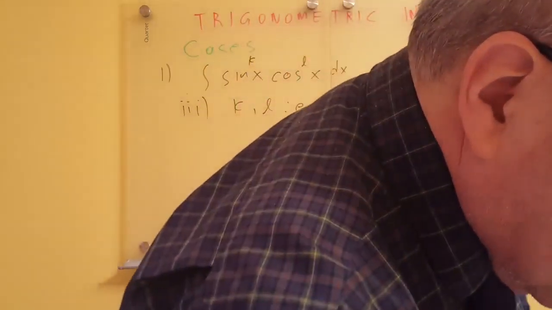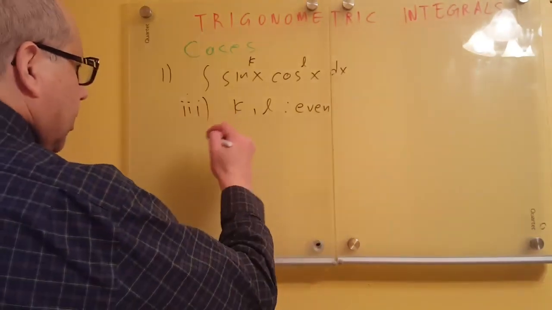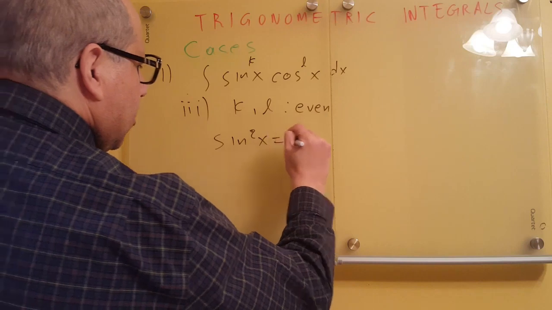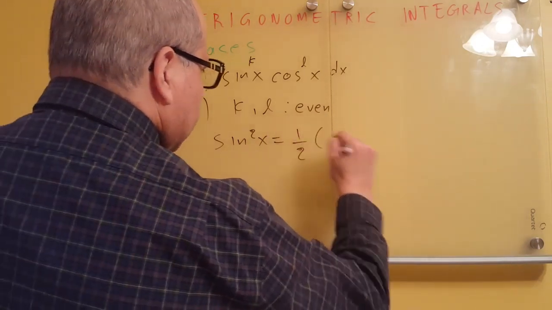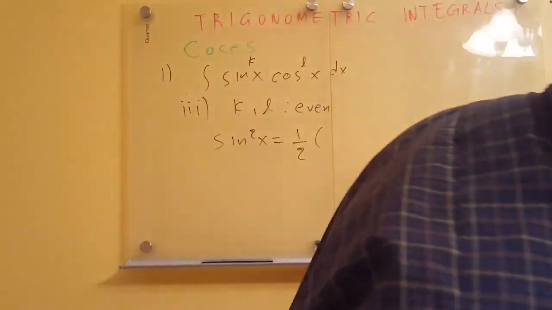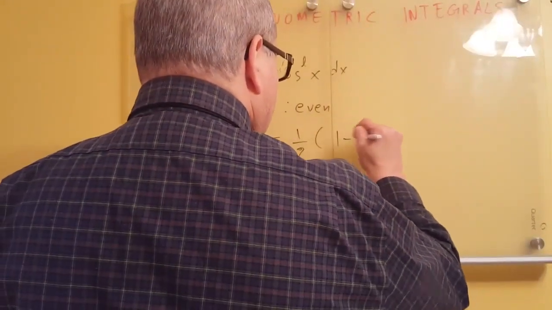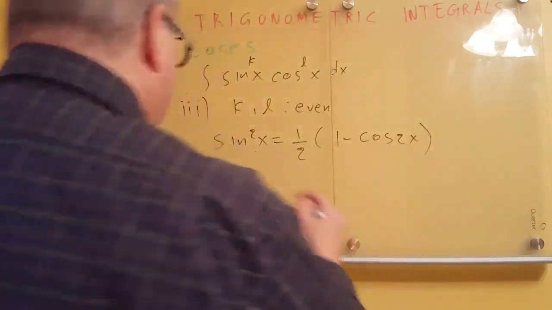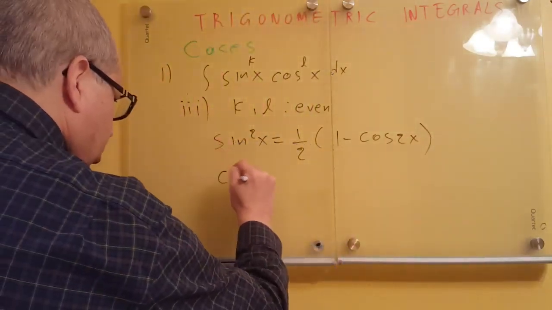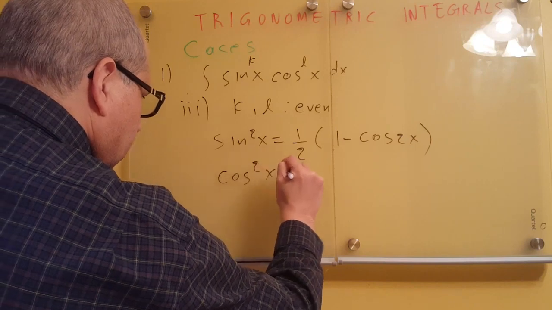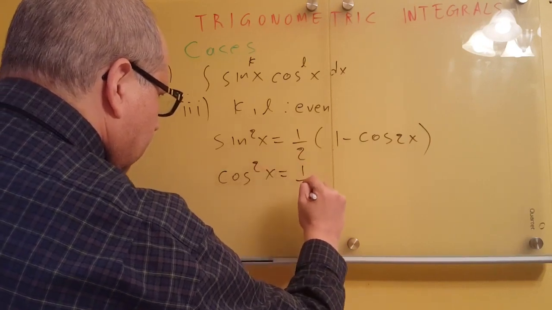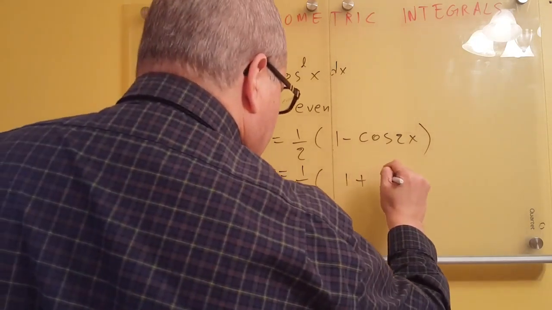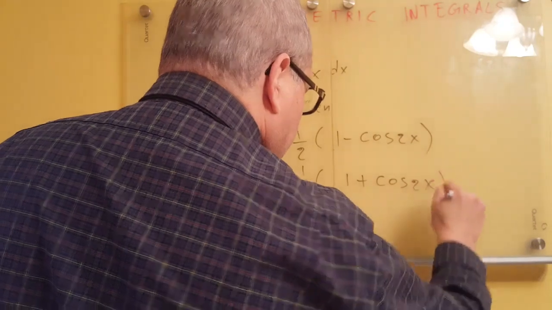So what do I mean by that? I mean, you substitute whatever sine square x is equal with 1/2 times 1 minus cos 2x, and you substitute whatever cos square x equal with 1/2 times 1 plus cos 2x.